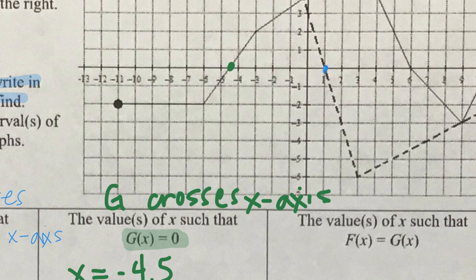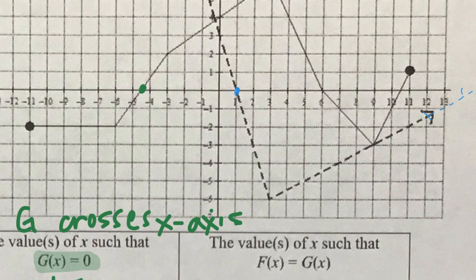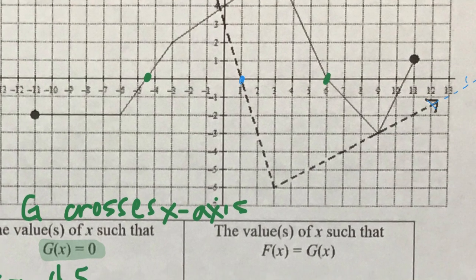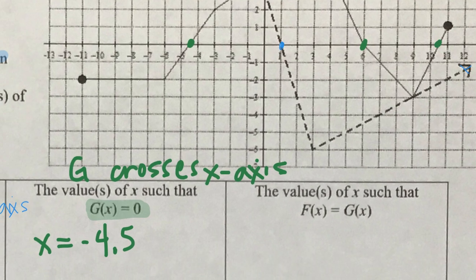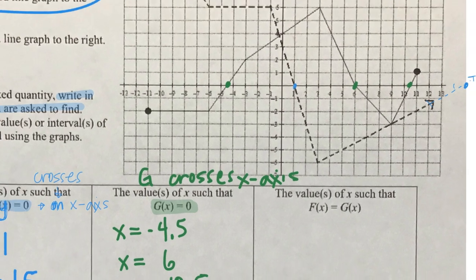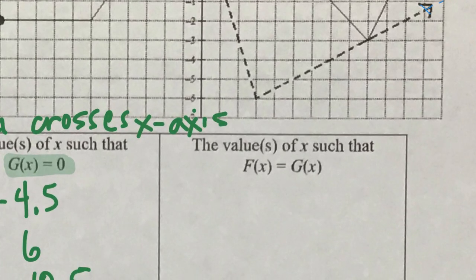We could probably calculate that, but this is good enough for now. And at 6 and at 10.5. So all of these are the x values where your g graph is crossing your x-axis, where g of x equals 0.